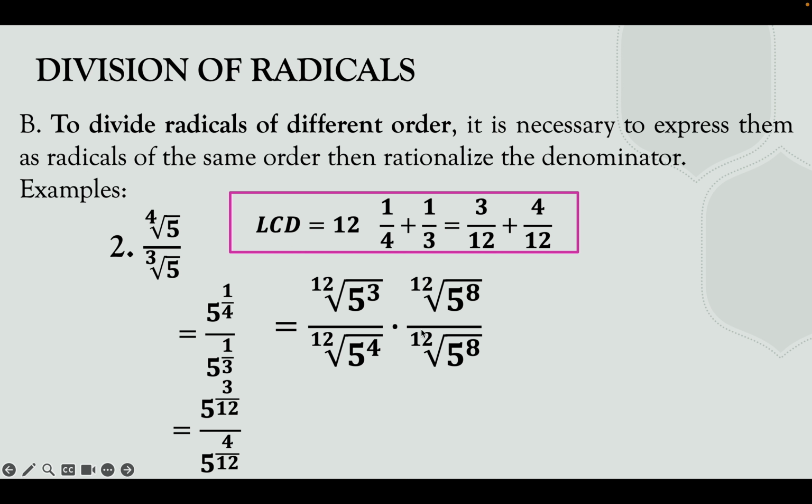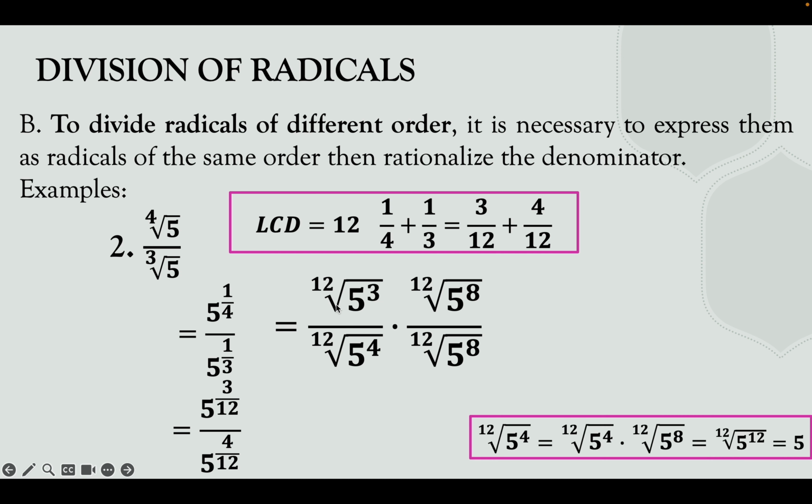So that means we will multiply by the 12th root of 5 raised to 8 over the 12th root of 5 raised to 8. The 12th root of 5 raised to 3 times the 12th root of 5 raised to 8, we have the 12th root of 5 raised to 11 over the 12th root of 5 raised to 4 times the 12th root of 5 raised to 8, we have the 12th root of 5 raised to 12.